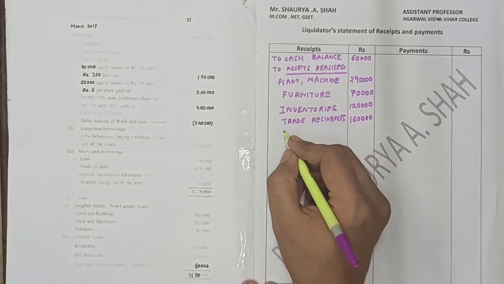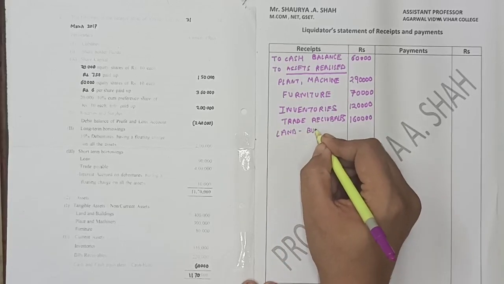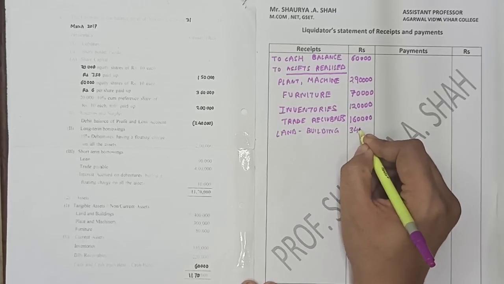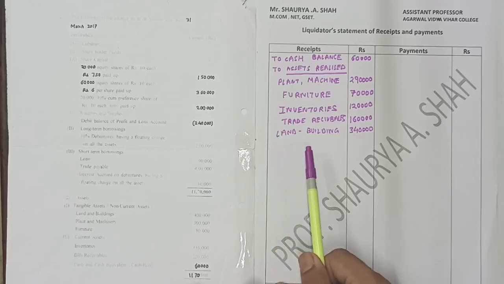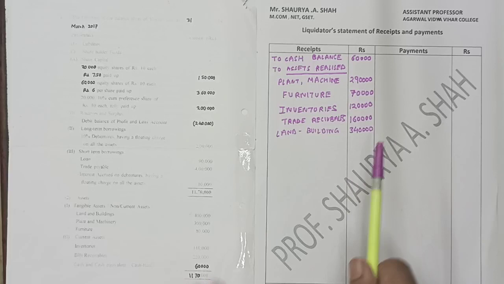So what I'll do is, I'll again write down the full amount here. Land and building, how much? 3,40,000 rupees, right? Many a times confusion arises in the minds of students whether to write 340 or to write here 340 minus 90,000 the amount of loan minus 10,000 the amount of interest, right?